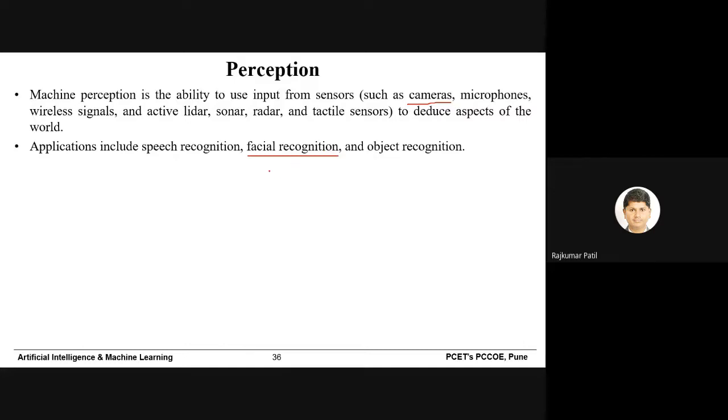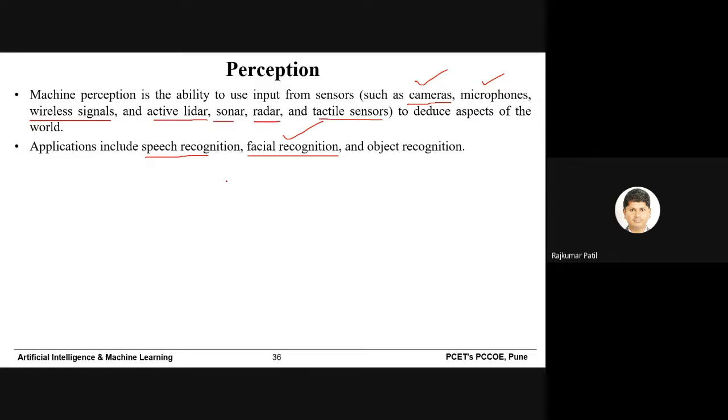So machine perception is the ability to use input from sensors, and the sensors could be cameras for face recognition, microphones for speech recognition, or other kinds of signals, for example wireless signals or active lidar, sonar, radar, tactile sensors.